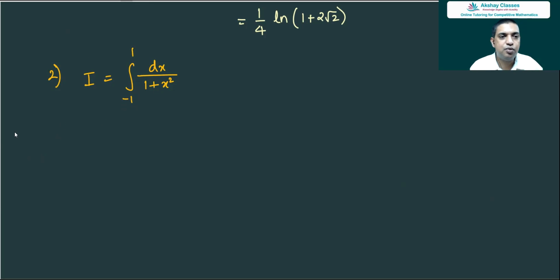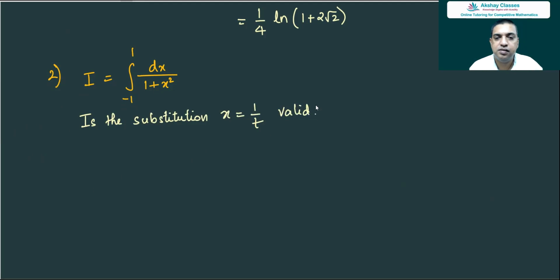We can find this out. That is not difficult. Now let us consider this. The question here is, is the substitution x equal to 1 upon t valid?